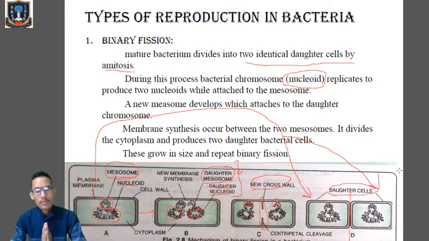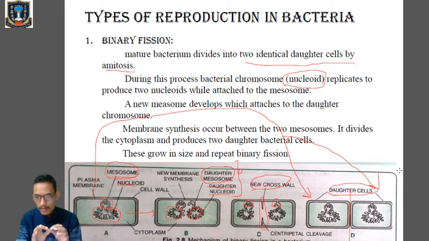Mainly, the bacterial cell divides into two identical daughter cells. First of all, in this process, the nucleoid will divide to produce the daughter nucleoid. Then the mesosome will also divide to give the daughter mesosomes, so that the nucleoid will be attached to the respective mesosome. After that, membrane synthesis occurs, or membrane formation takes place between the two mesosomes.